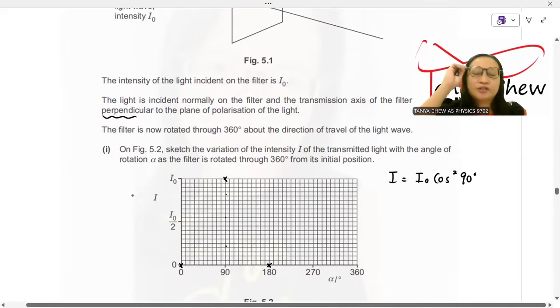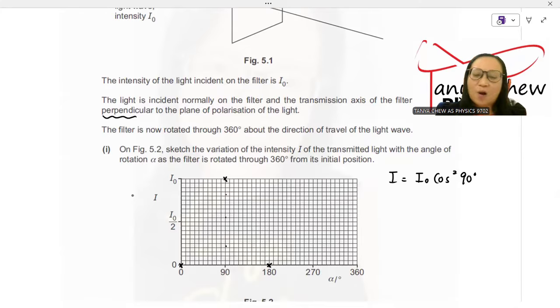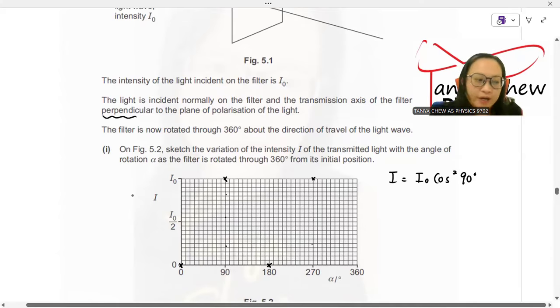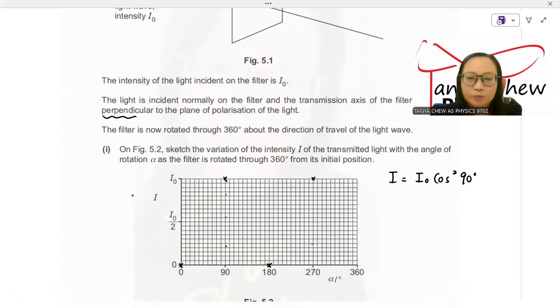Cos square 270, you add 90, becomes cos square 360, that gives you 1. And then cos 360, you add 90, you get cos square 450, so you get 0 right here.